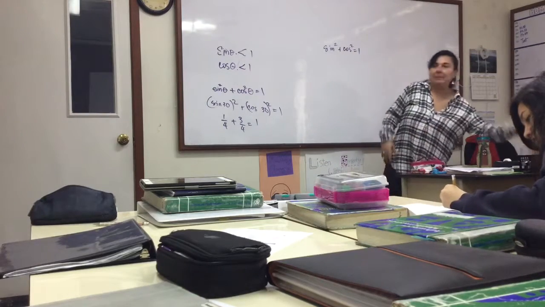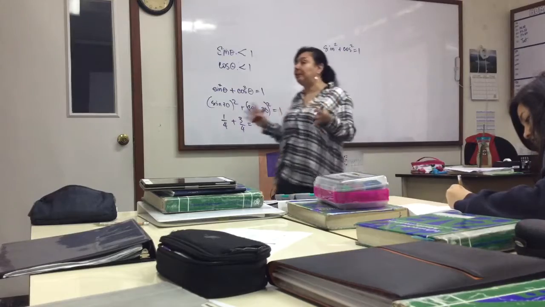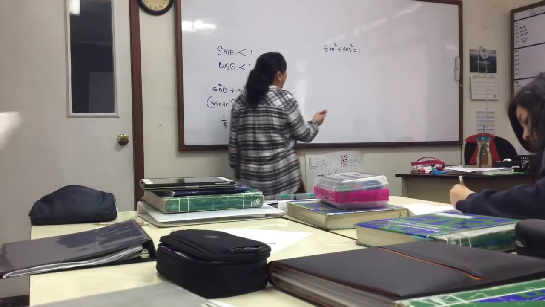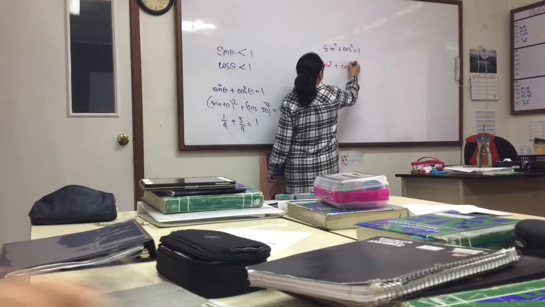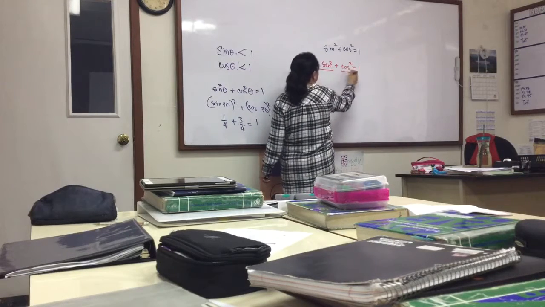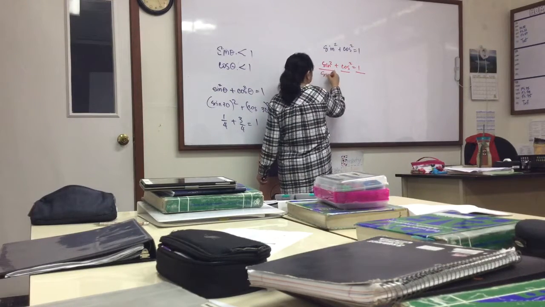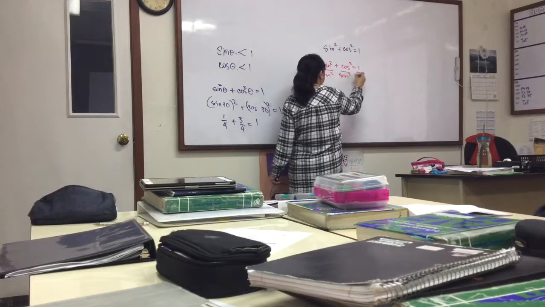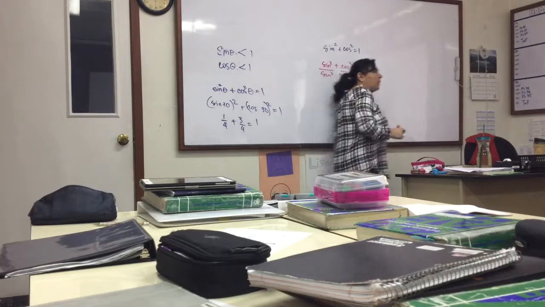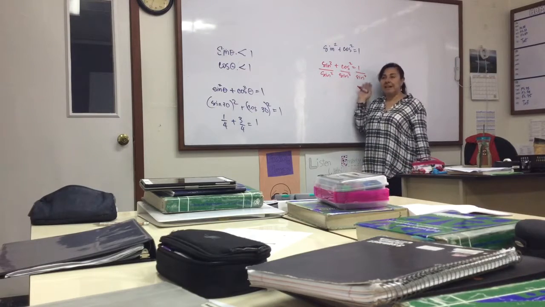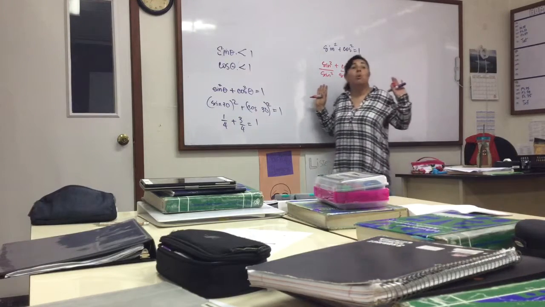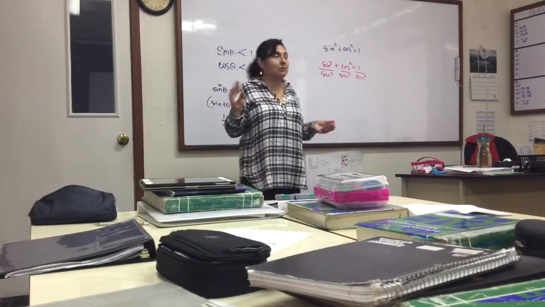From this, because people apparently have nothing to do when they start playing with stuff, what would happen if I divide all of this by sine squared? Why can I do that? Because whatever I do on one side, I do on the other, and that's the same as multiplying it times 1.